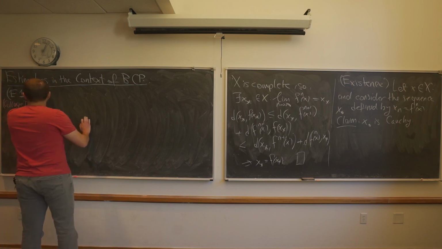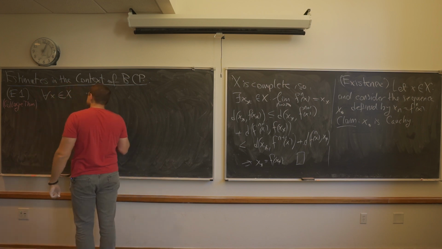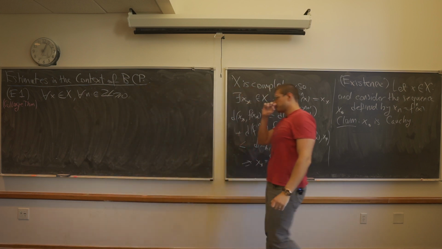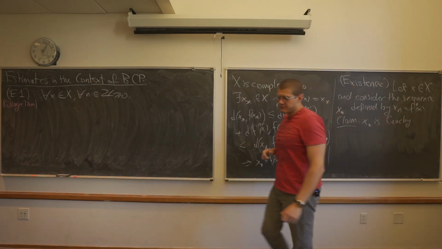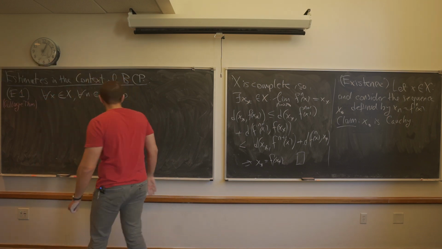For any initial condition x in X, and for any non-negative number n, I want to say something about the distance between the nth iterate of x and the fixed point.